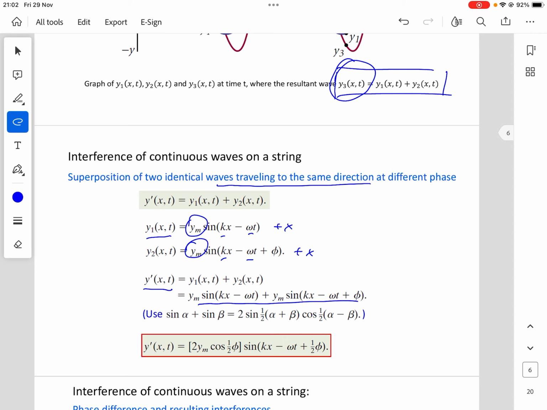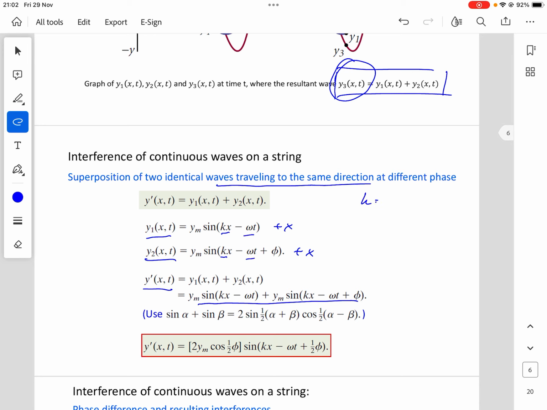But let us only try the most simple case, when the two waves have the same wavelength or wave number, and the same frequency, so the same omega, right?